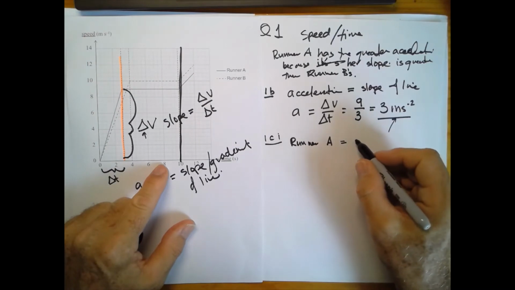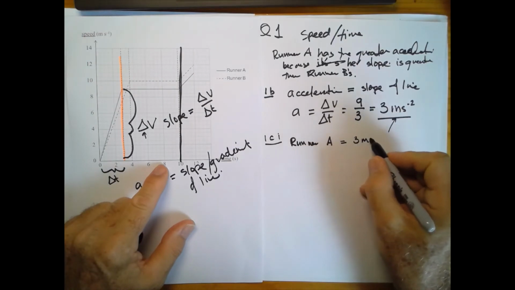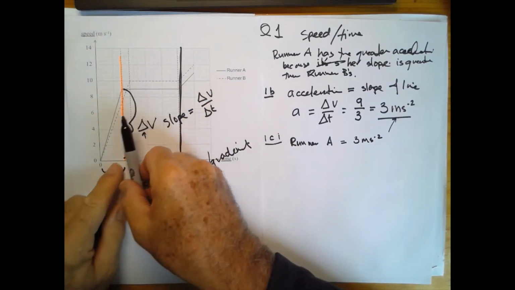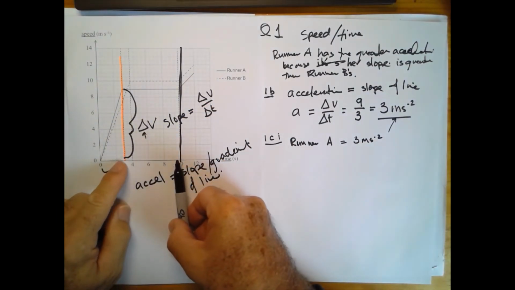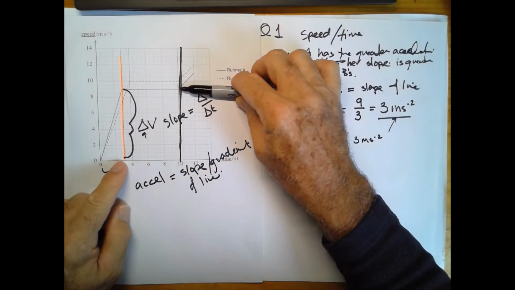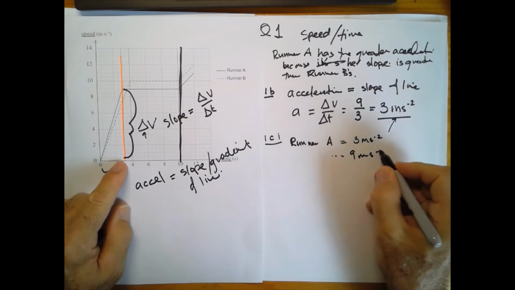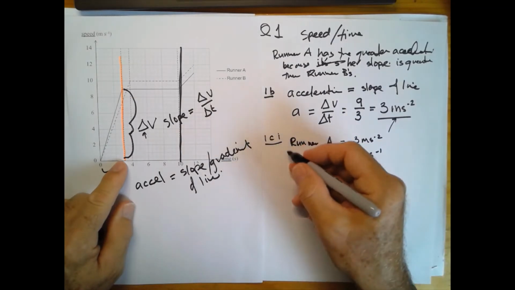So his acceleration is 3 meters per second squared. And then from 3 seconds through to 10 seconds he continues at a constant velocity of 9 meters per second. And we will write that down as we go along, fill this out.